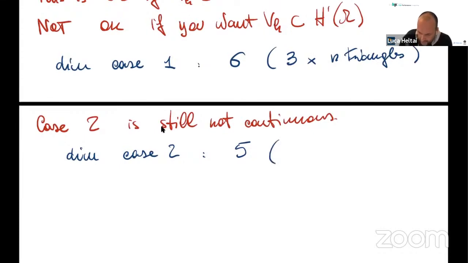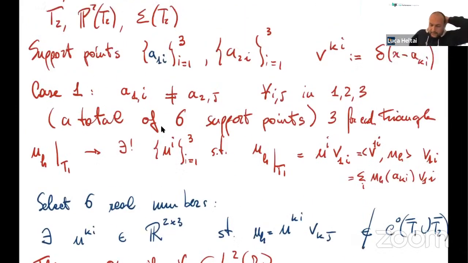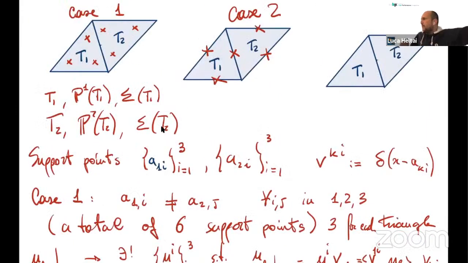And here is 1 times n faces and edges. So the idea in the first case was we choose 3 arbitrary points. See that 3 arbitrary points is not enough to ensure continuity. Then we choose 3 points which are on the 3 faces.